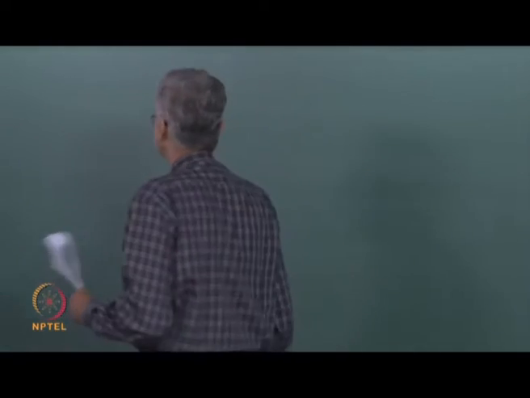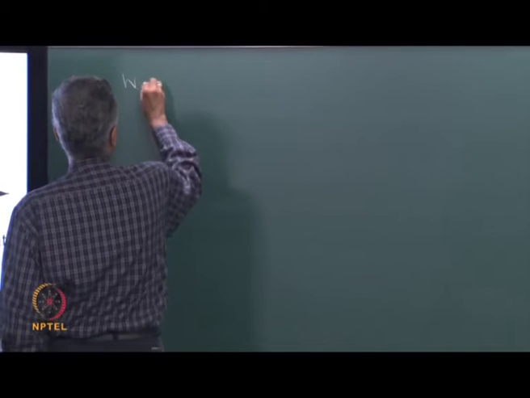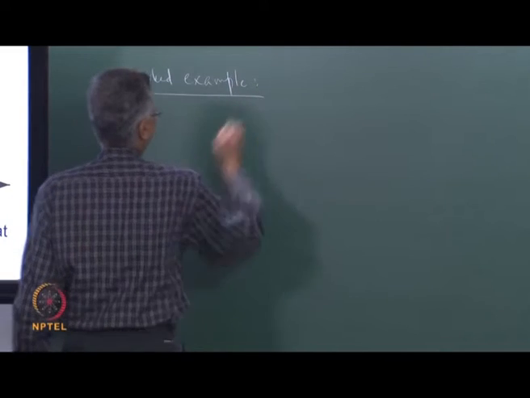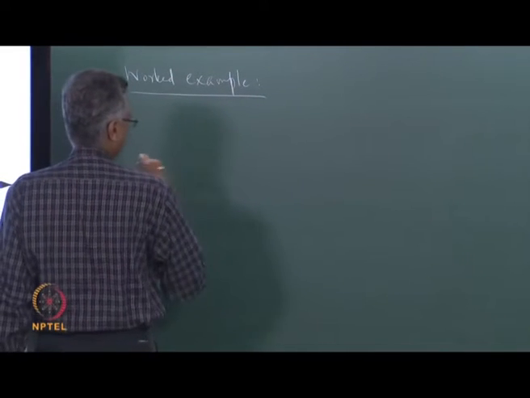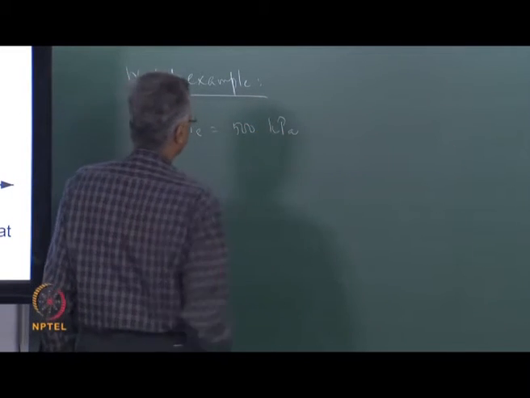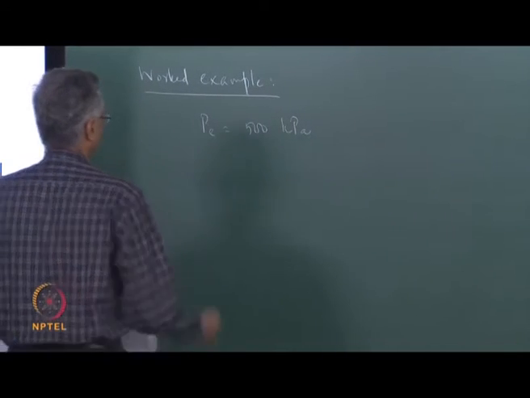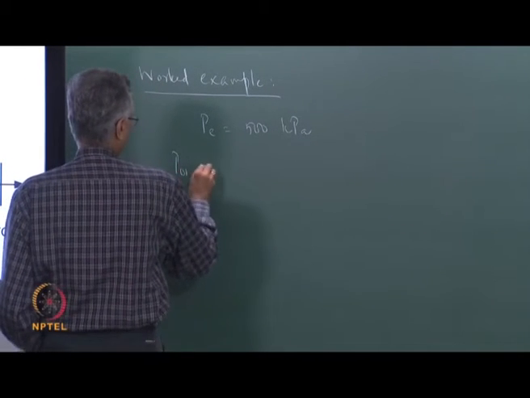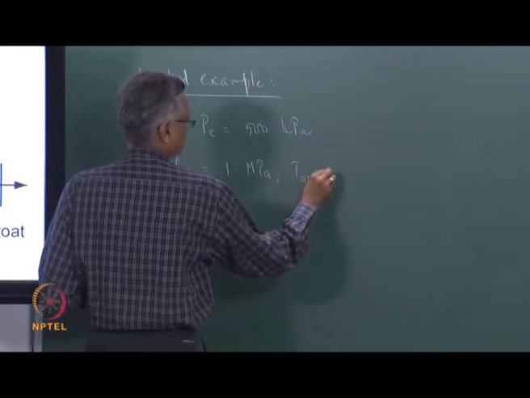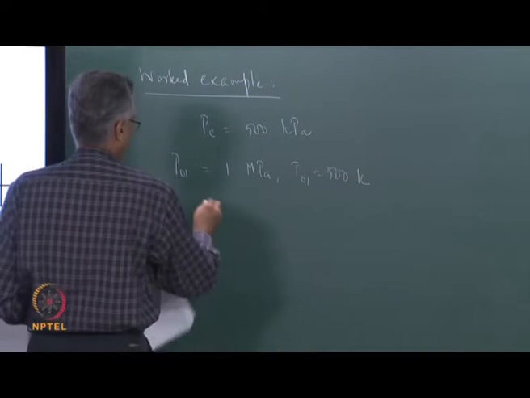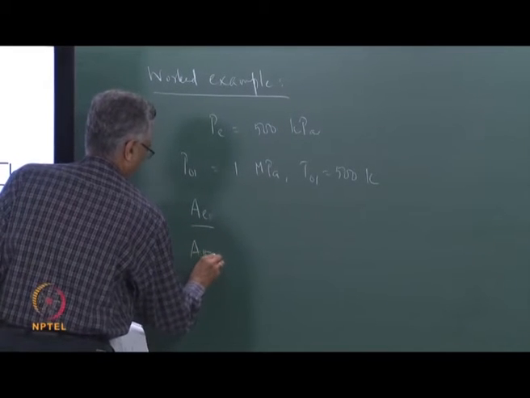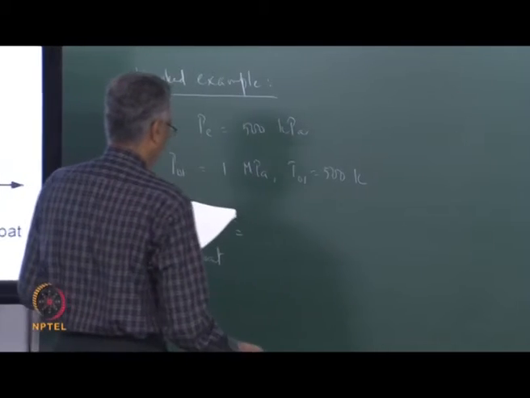In the previous class, we were looking at a worked example. If you remember, the exit pressure PE was given to be 500 kilopascal, the stagnation pressure P01 was given to be 1 megapascal, the stagnation temperature was given to be 500 Kelvin, and A exit over A throat was given to be 3.5.